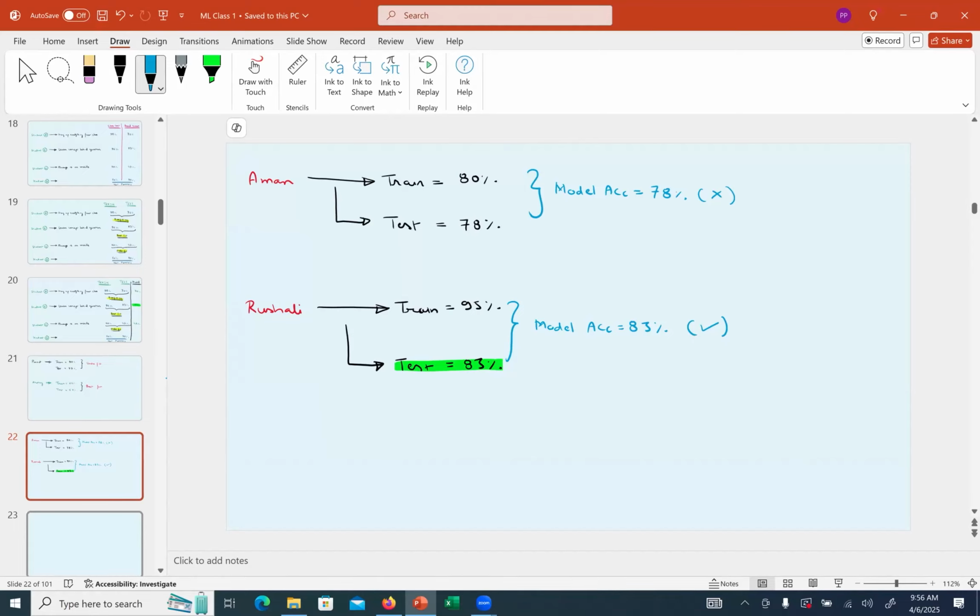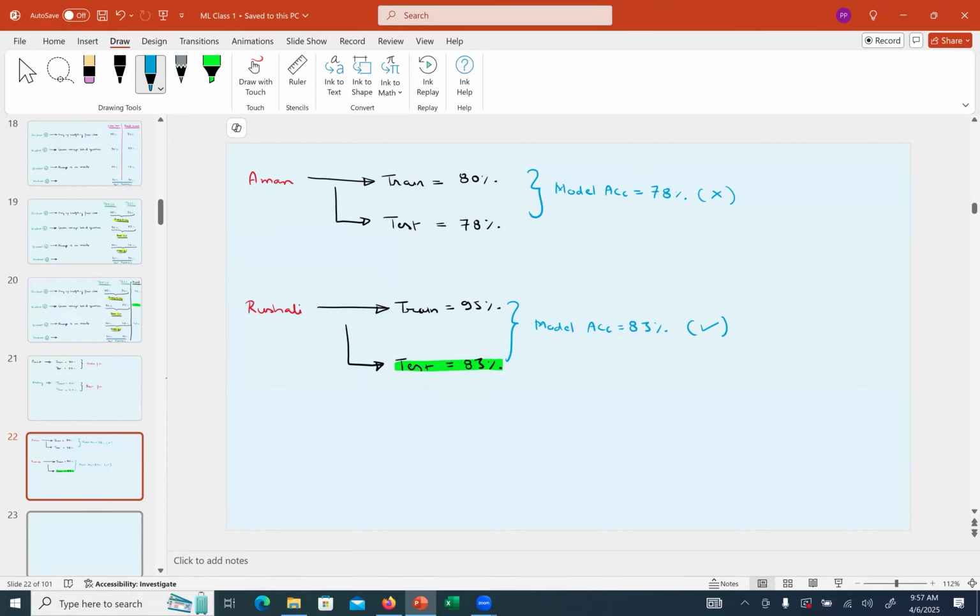Just like a student: I know that someone is performing well in the class test but not that well in the board exam. Maybe if I train him a little harder, share more examples, explain the concept again, maybe his board exam scores will also improve.